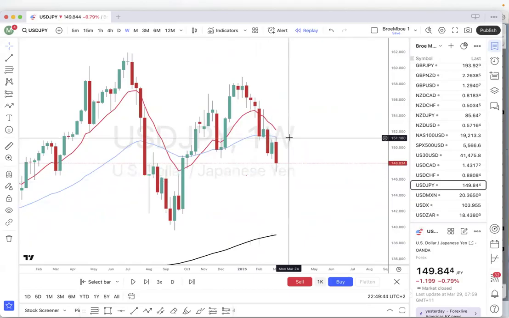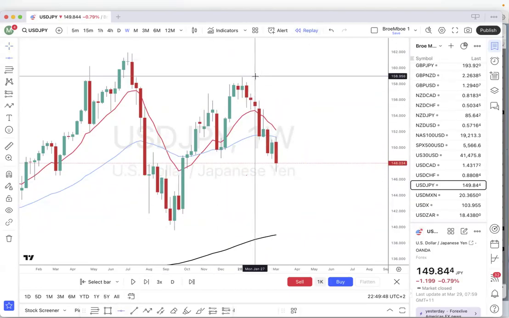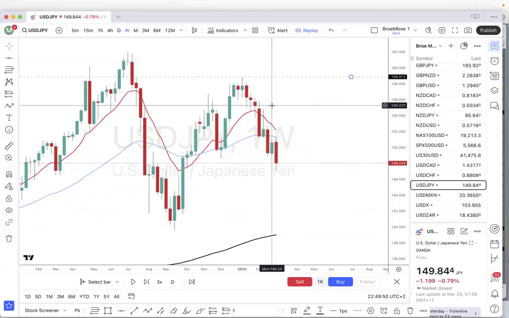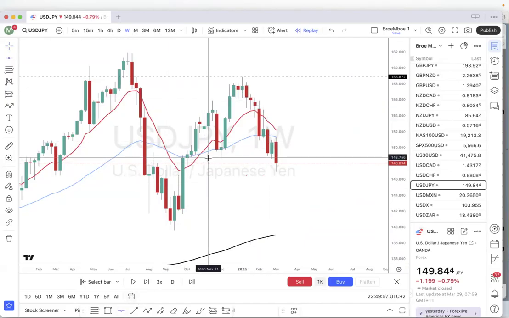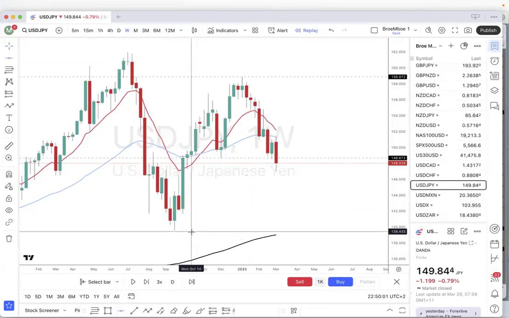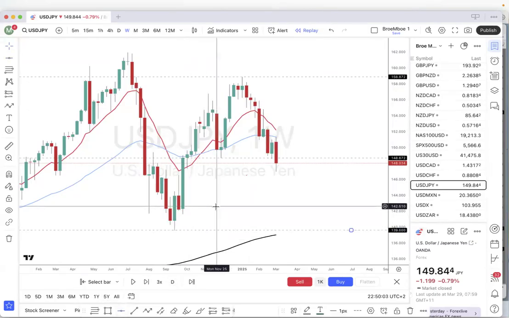All right. So I need to find why price all of a sudden turned there. I'm not going to find those reasons all the time, but I need to find why price turned from there, why price reacted from here, and why price changed direction from there.